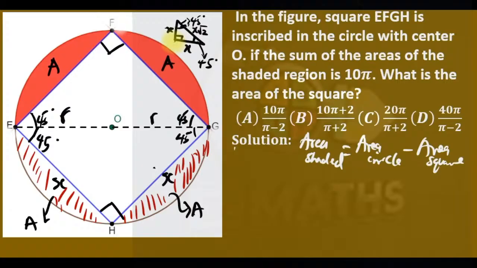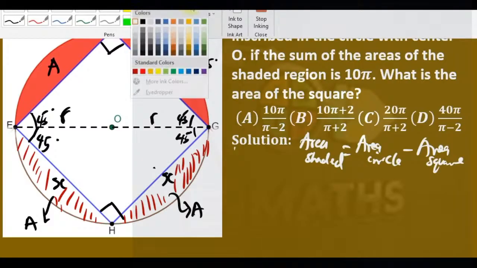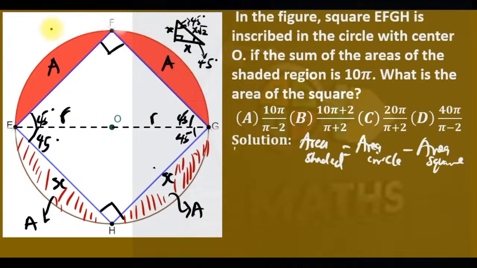From what I just explained, the 45 45 90 triangle, you can easily see from this triangle that 2r is the same as x times root 2. This is x, this is x, so 2r is the same as x times root 2.